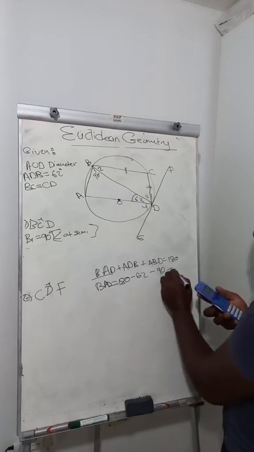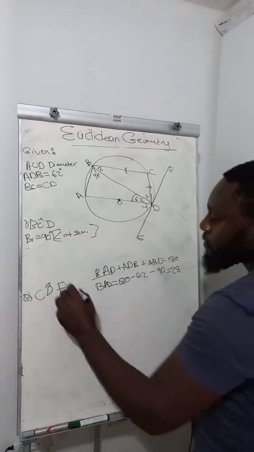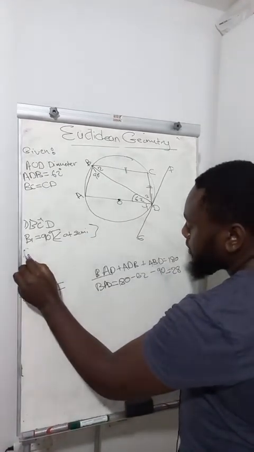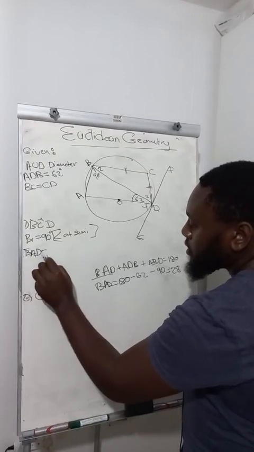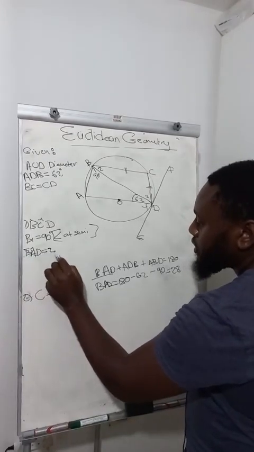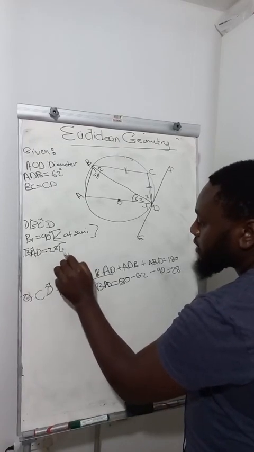So it means you got what? You got 28. So now you say BAD is equal to 28.